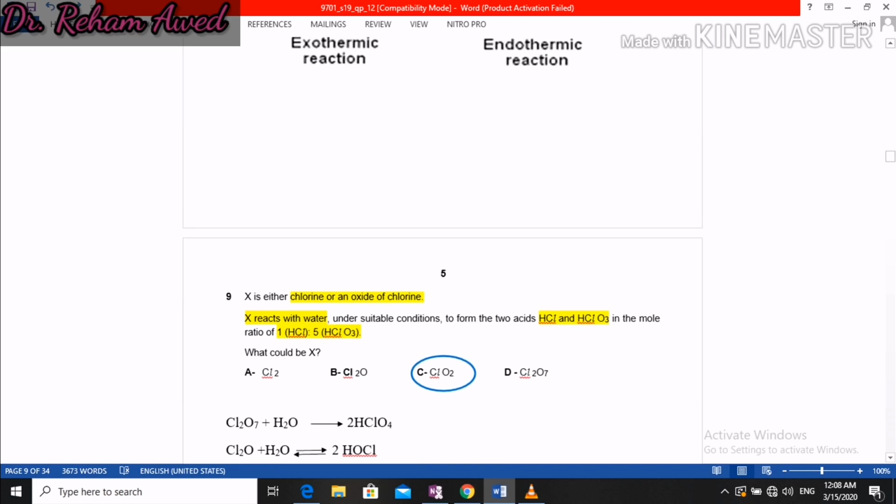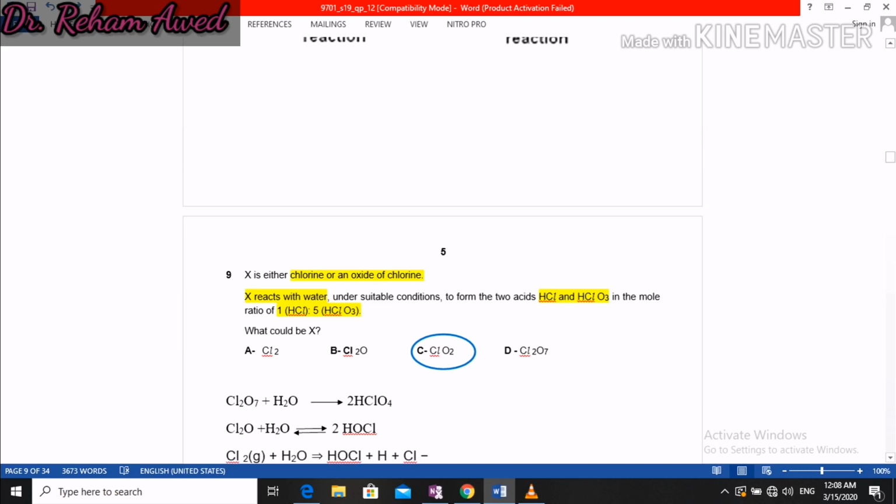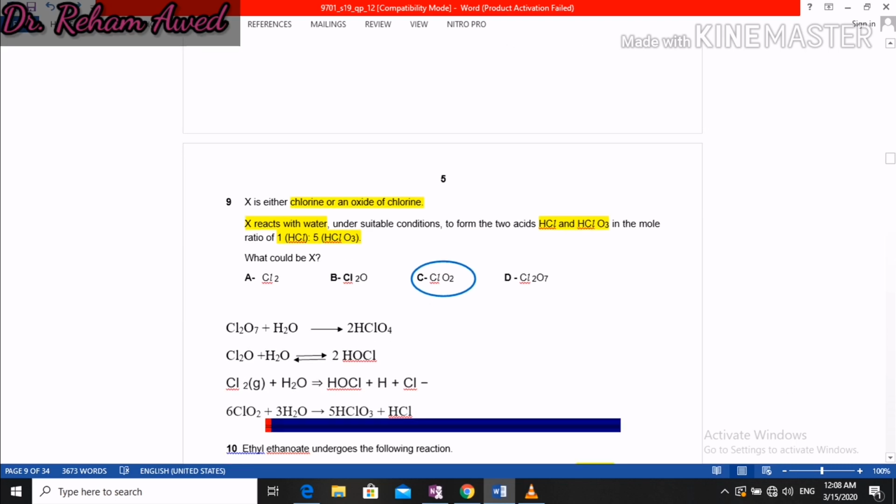Next question. X is either chlorine or an oxide of chlorine. X reacts with water under suitable conditions to form two acids, hydrochloric acid and HClO3. In the mole ratio, HCl is 1 to 5 HClO3. What could be X? This equation we studied before in the chapter of halogens, group 7 or group 17.